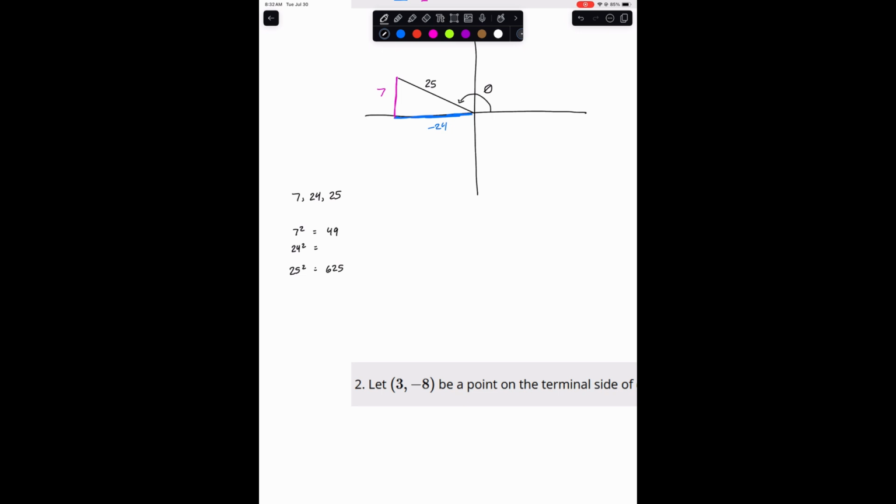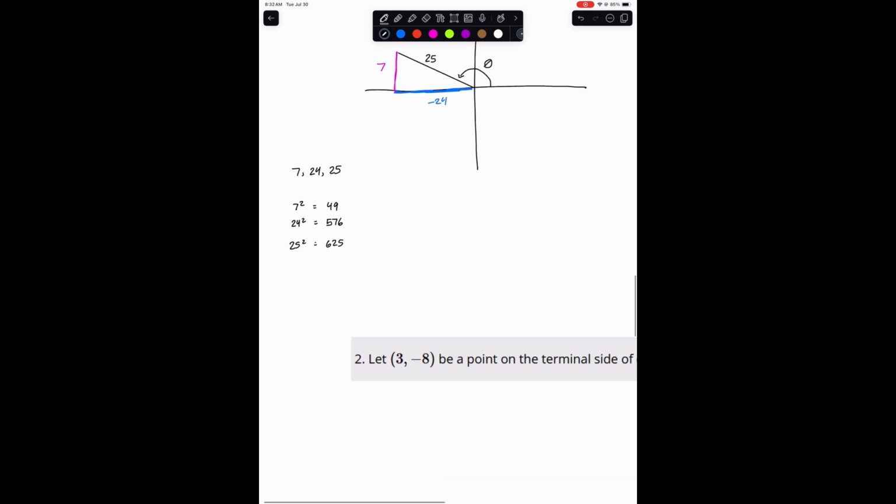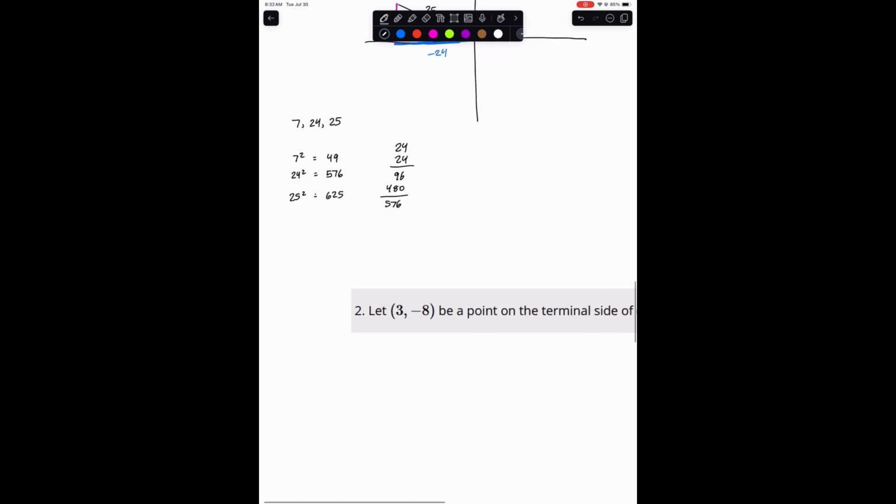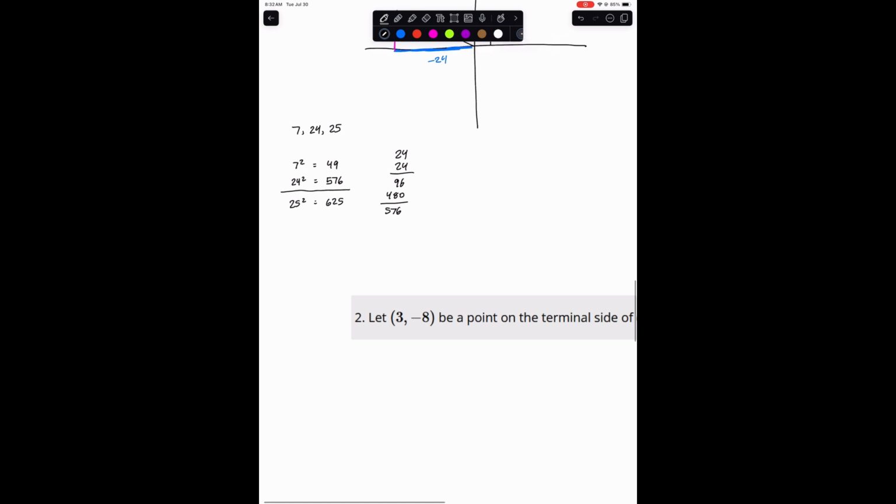So this should be 500. I'm blanking. Is it 76? There we go. Yeah, 576, I think. 24, 24, 96, 48, 576. Beautiful. Okay. And you can see that when we add up the top two, we get the bottom one.